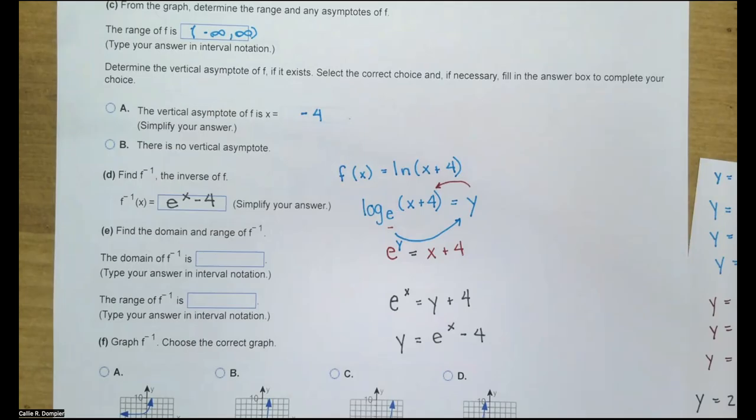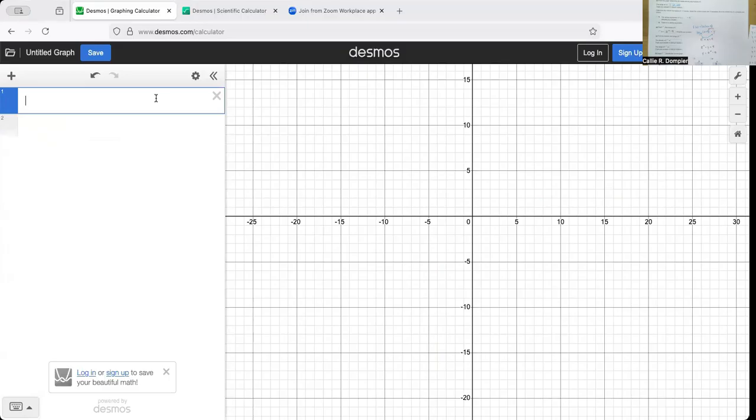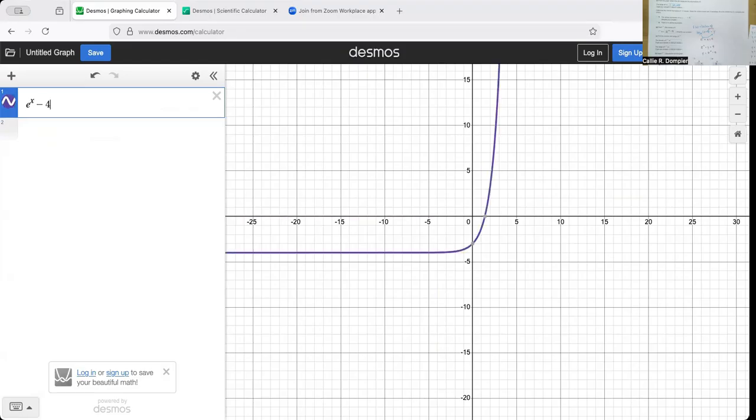If we graph that, what does it look like? It looks like that. So we would say that the domain is all real numbers, -infinity to infinity.